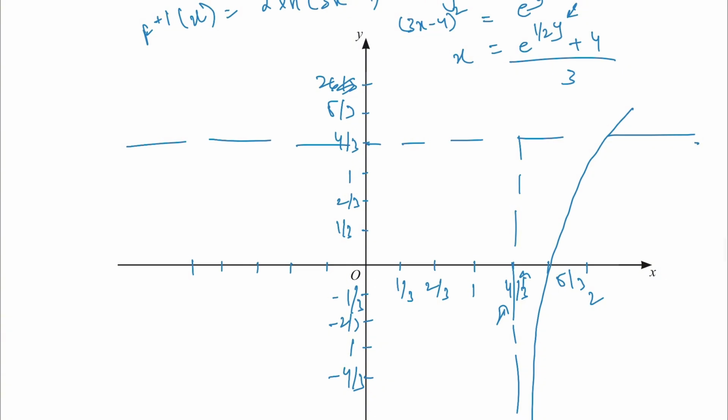Let's take some values. What we can do is take the 5 over 3 value, that would be e to the power 5 over 3 multiplied by 1 over 2, plus 4, divided by 3, is basically 2.1. So 5 over 3 is 2.1.